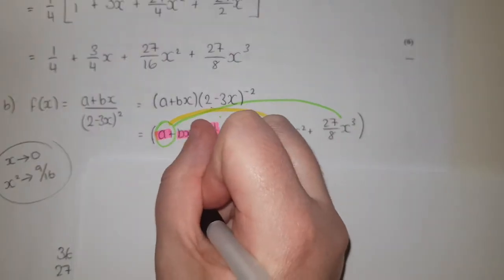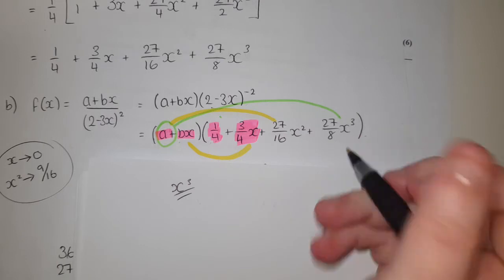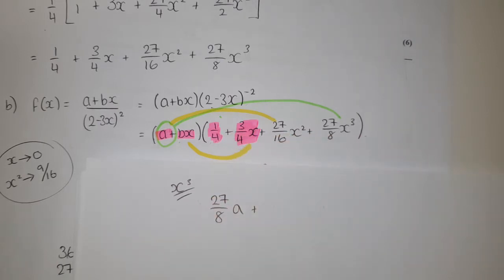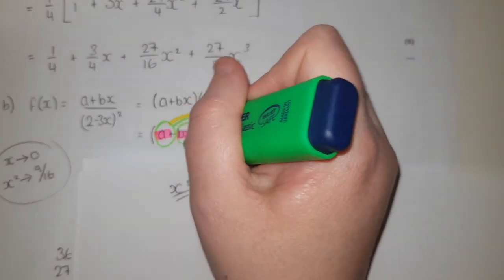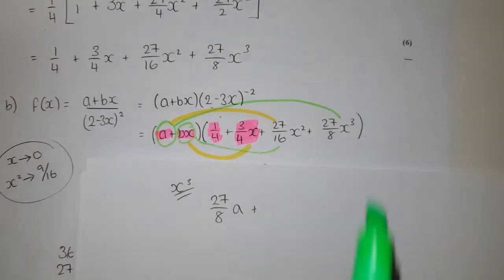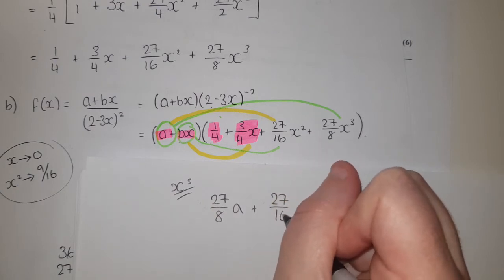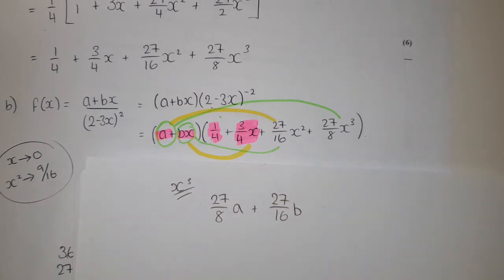So for x cubed, we're going to do 27/8 times a, or I could do an x term times an x squared term, so I've got 27/16 times b, and that's going to give me my coefficient of x cubed.